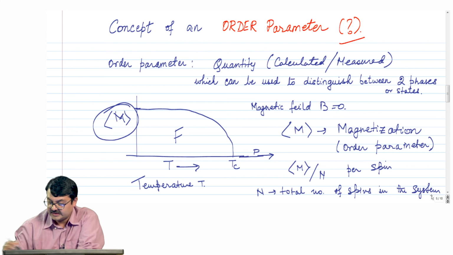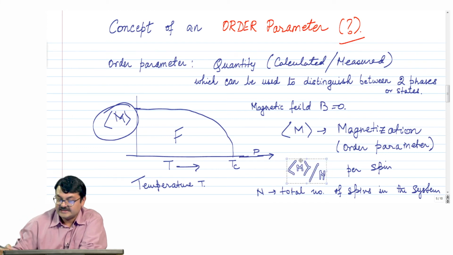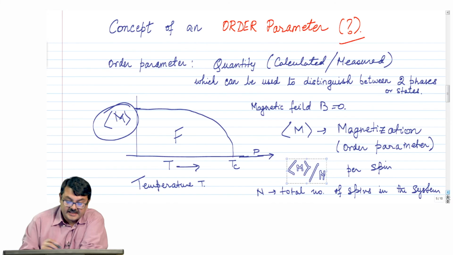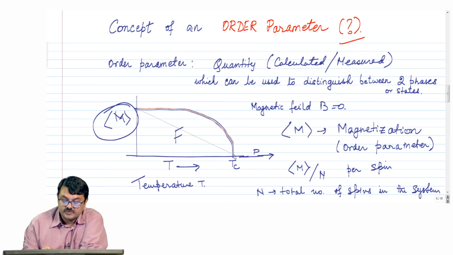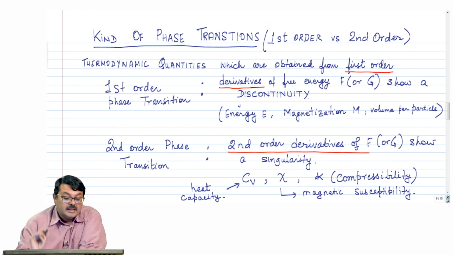There are certain advantages in using this quantity. We shall discuss it as we go along. Okay. So, basically we would say that the magnetic moment here is finite and goes to 0 above the critical temperature, and it is an order parameter.